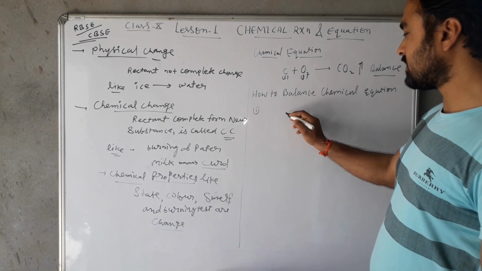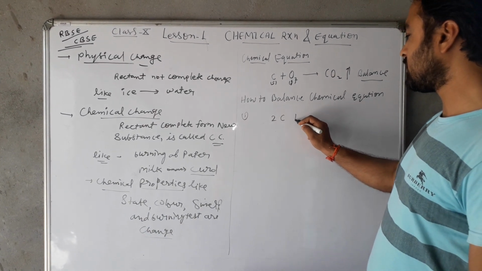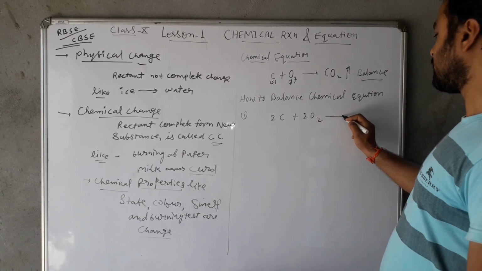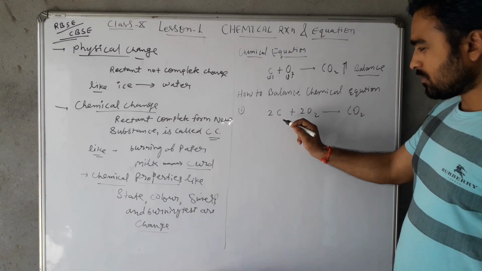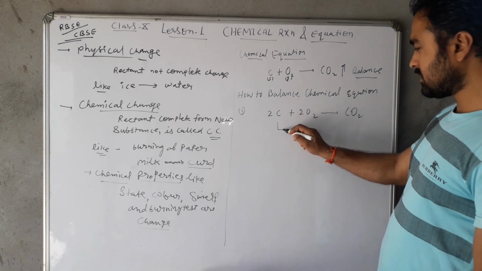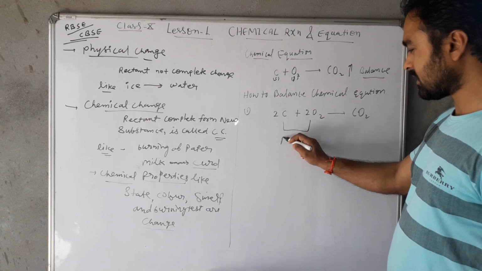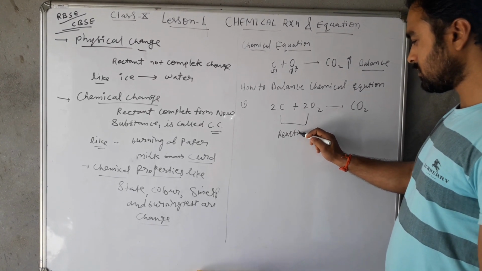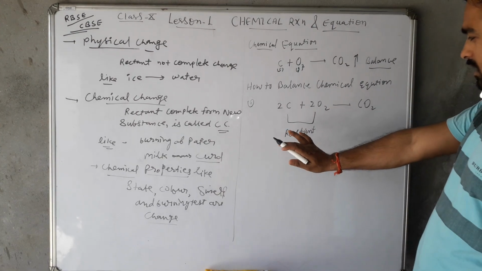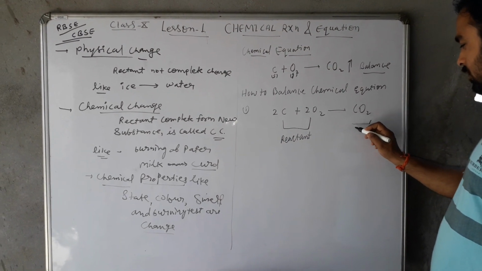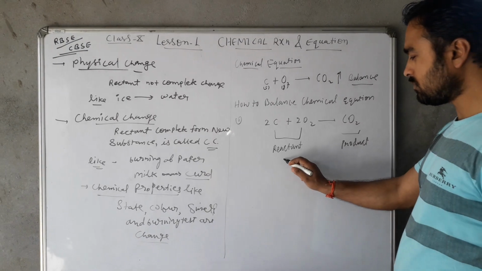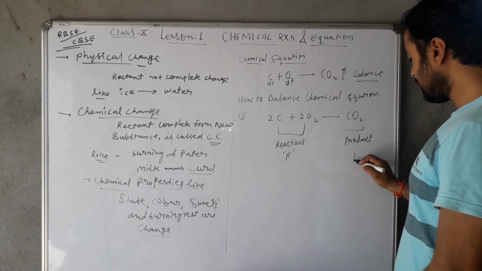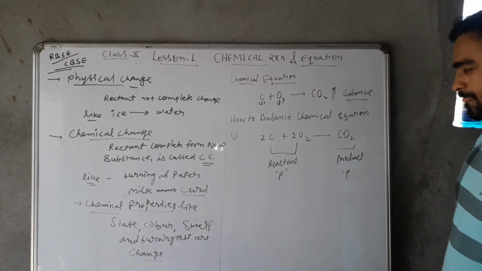Now like this, 2C plus 2O2 gives 2CO2. Now remember students, this side is called reactant and this side is called product. You have to show symbol R and symbol P.